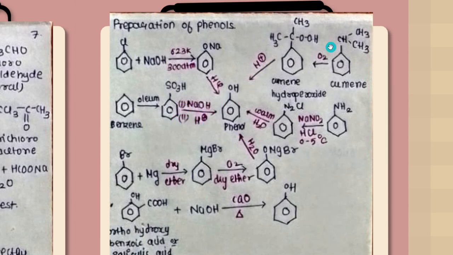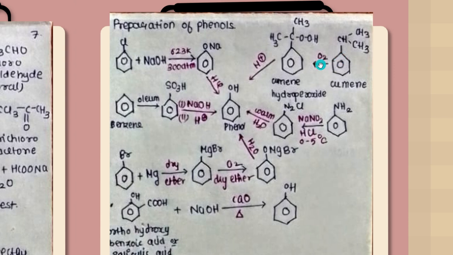Now coming to the third one, that is formation by cumene. Now this cumene is what? This benzene ring attached to a CH3 group, that is isopropyl benzene. Cumene is also known as isopropyl benzene. So they may also ask you to write the preparation of phenol using cumene or using isopropyl benzene.